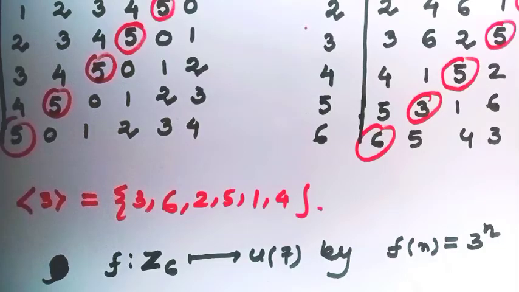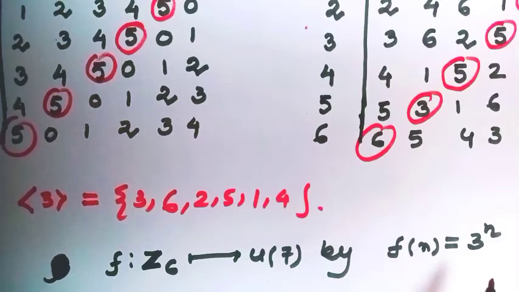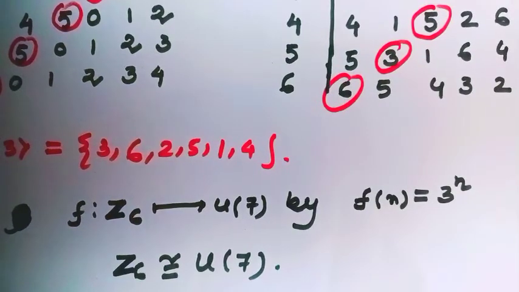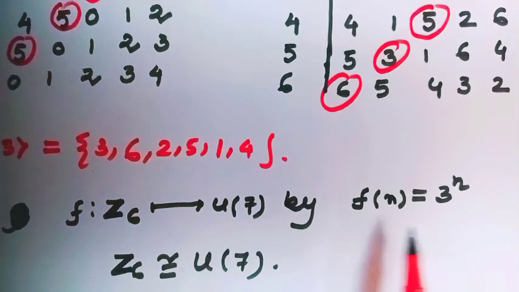And in my previous video, I have seen there exists a homomorphism f from Z6 to U7 by f of n equal to 3 to the power n, and there exists a 1-1 correspondence between these elements. So we have told Z6 is isomorphic to U7.